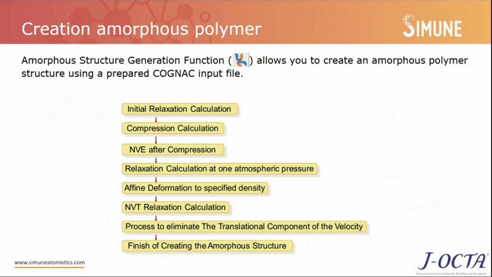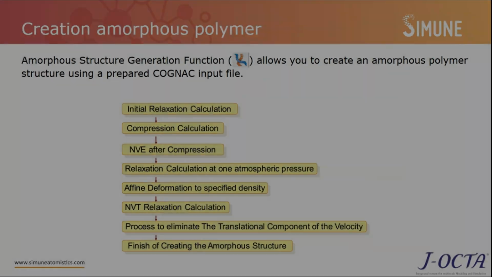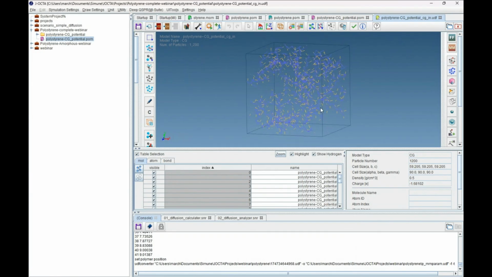So once I run this calculation, I will finally have my amorphous structure. We are almost there, because this is the starting point to create my amorphous structure. What I'm going to do now is to go here. The icon to create amorphous structure is on this side.